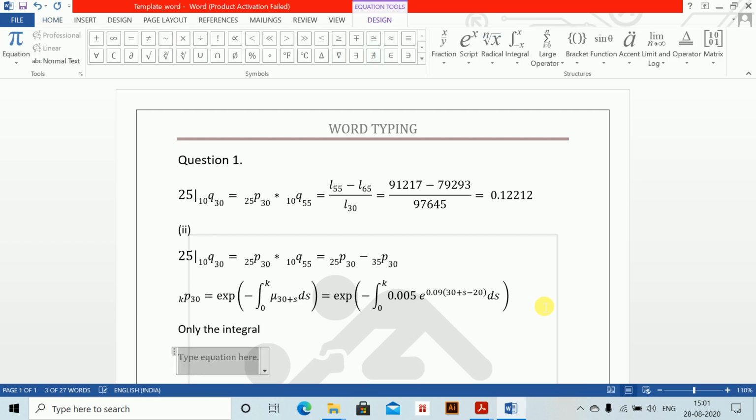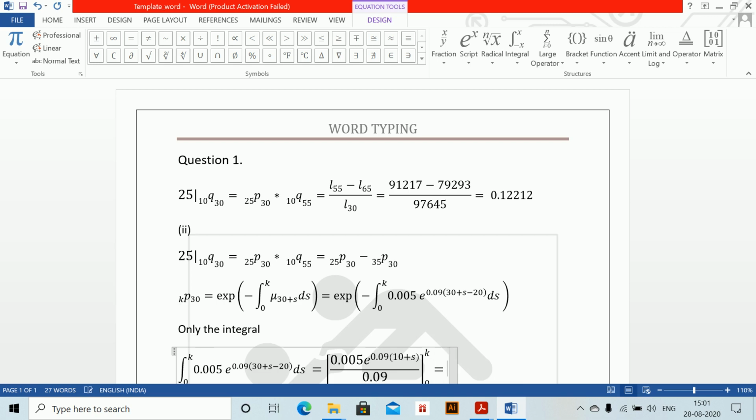Focusing on the integral, I'm not writing this again, just copying it from here to save time. If you solve this, it comes to 0.005 e to the power 0.09 (10 plus s), whole divided by 0.09, from 0 to k.